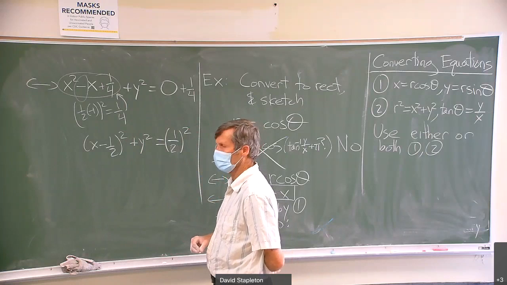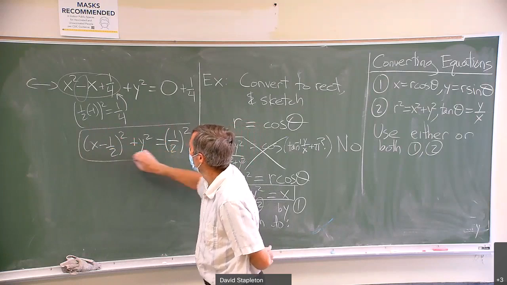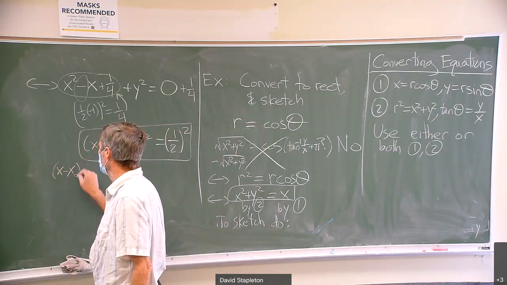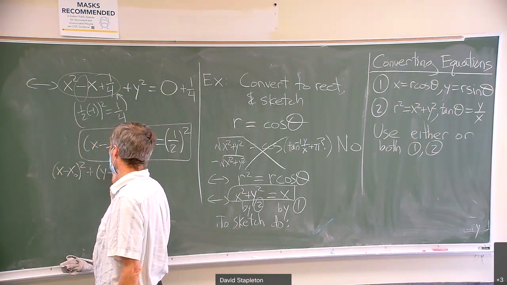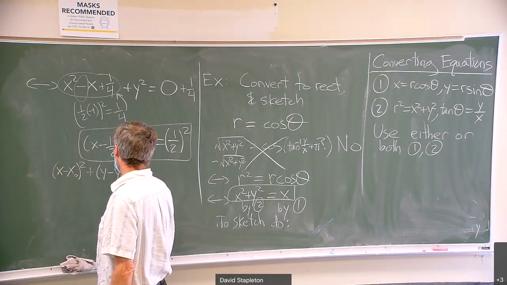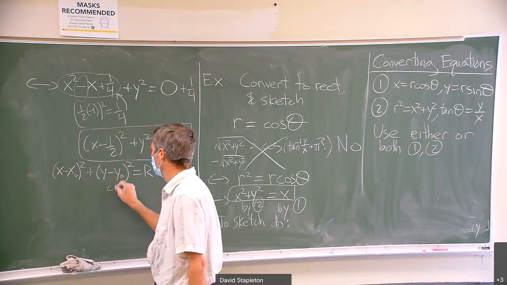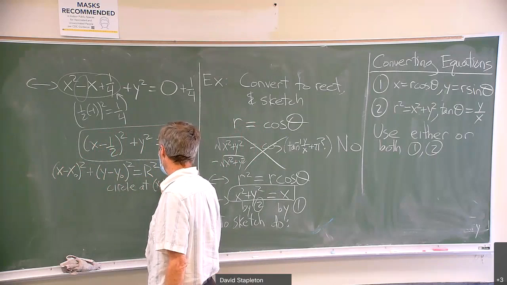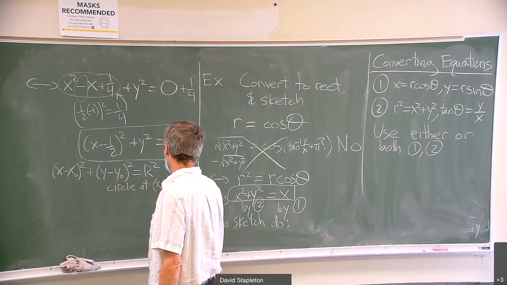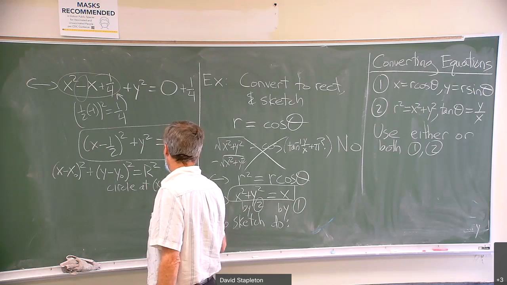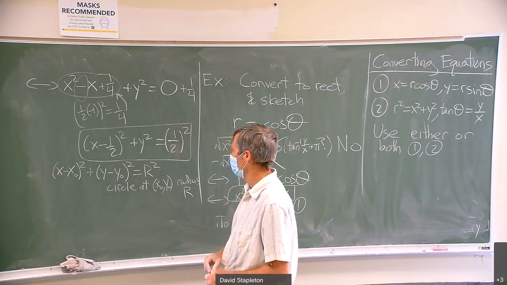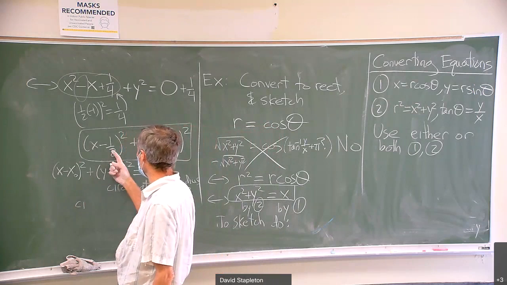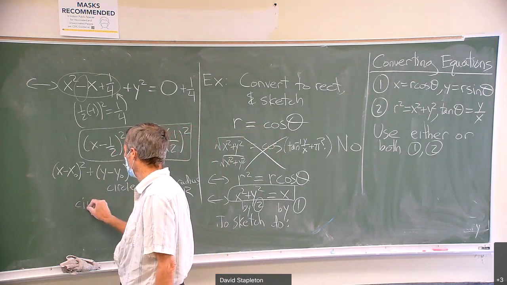That's a standard equation for a circle. Remember circles from algebra and geometry? x minus x0 squared plus y minus y0 squared equals r squared is always a circle at center x0, y0 of radius r. You memorized this formula in algebra. So this is a circle at 1/2, 0, right? Because it's subtracted 1/2 here, but 0 here.